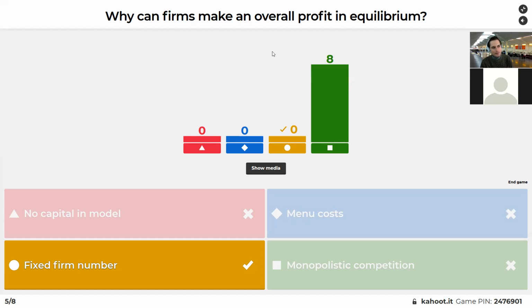Even if you have a fixed firm number, you could assume that there's perfect competition, but that's only if firms, even though there's a fixed number of them, think that they themselves are very tiny, so they can't influence the price level. Okay, no questions? I'll move on.